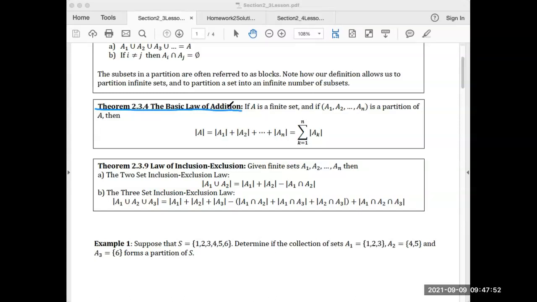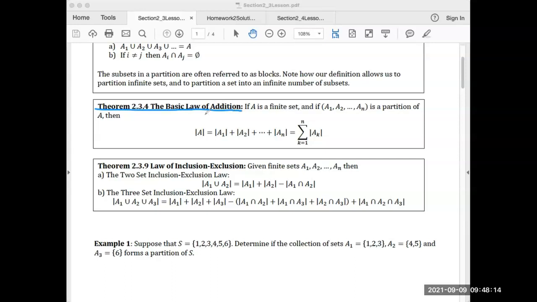One is multiplication, when you have separate events and you have to multiply. You have 10 choices and 9 choices, 8 choices, and you multiply them together. The other big law is the law of addition: if there are several ways of getting to the same result that you want, then you add up all the choices.